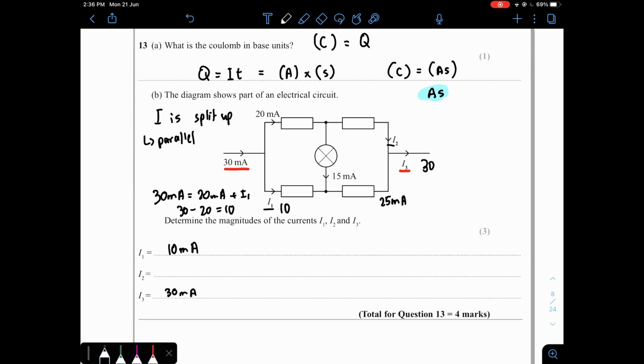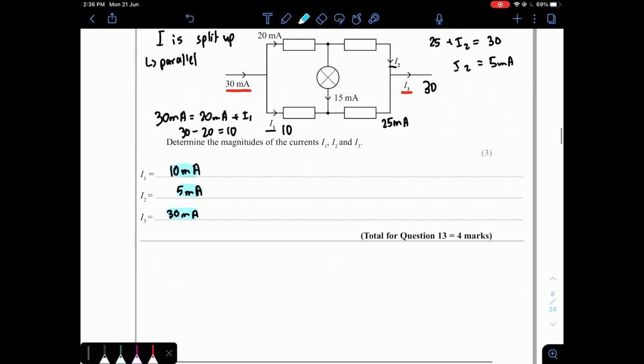And if this is 30, we need to work out what this is. So 25 plus I2 should equal 30. So I2 is 5 milliamps. It's very important that you remember the units. So that is the answer for I1, I2, and I3.